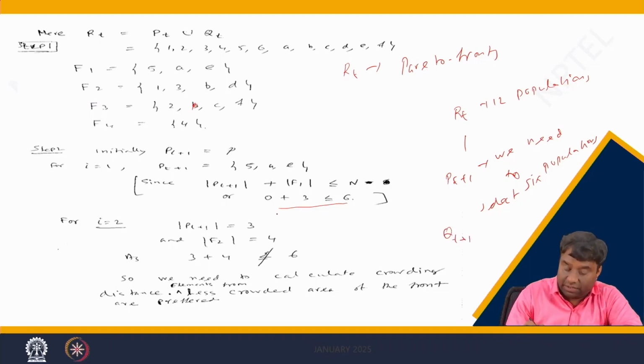Now 3 are already selected, 5 comma A comma E. From 1, 3, B, D, we need to select another 3.